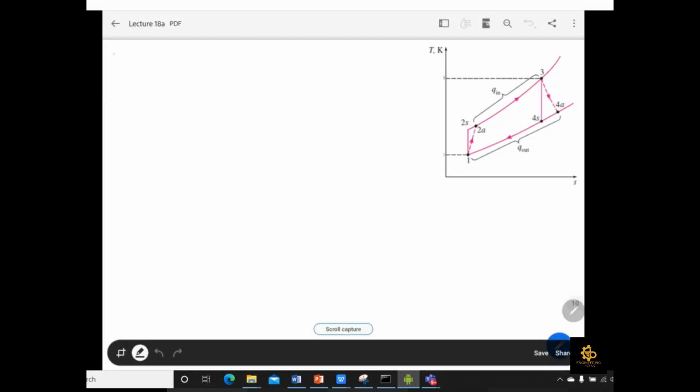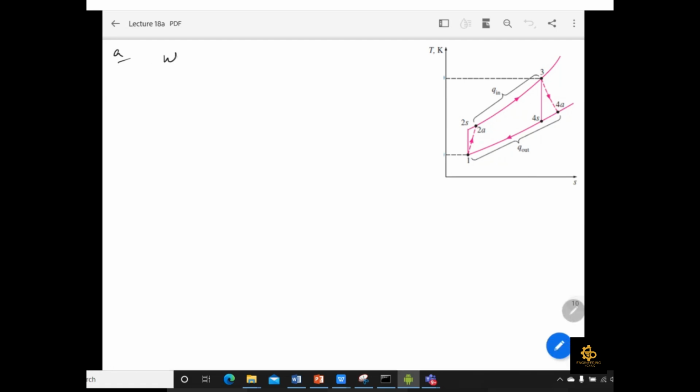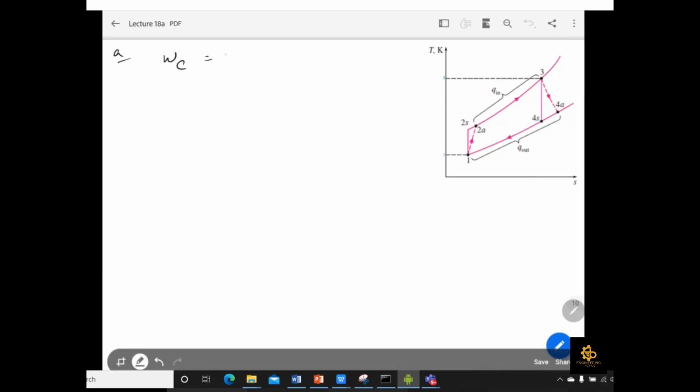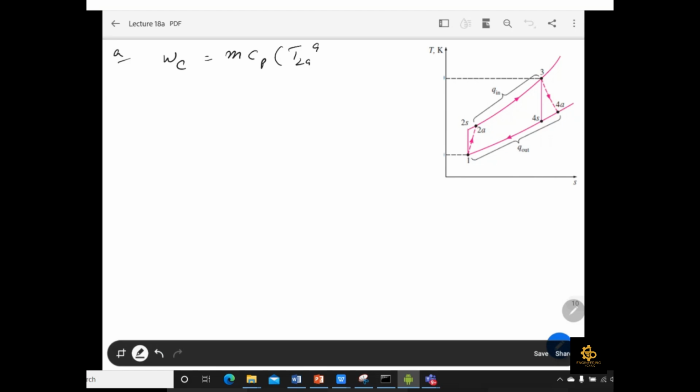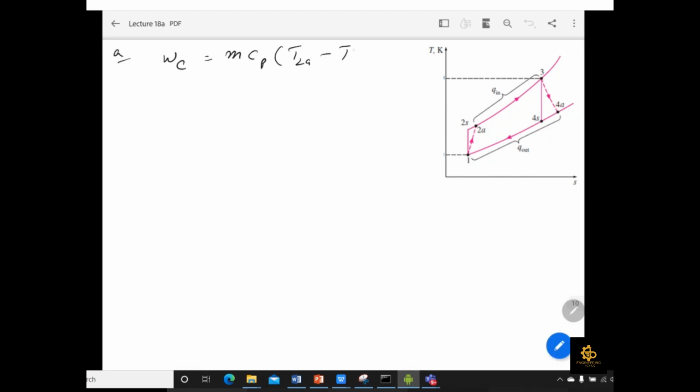Okay, so for part A, we are interested in finding the compressor work, which is between 2A and 1. For compressor work, we can say that W compressor is equal to m CP (T2A minus T1).